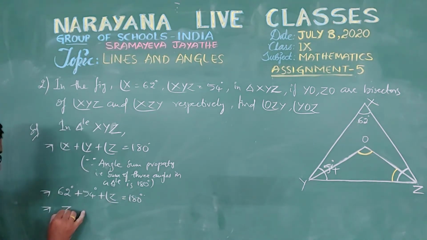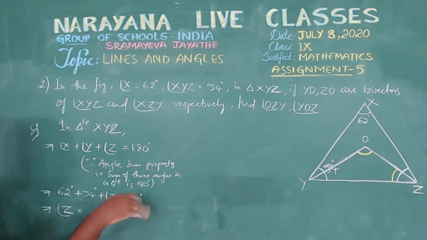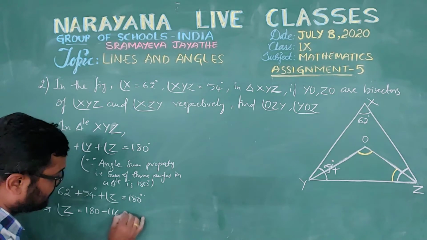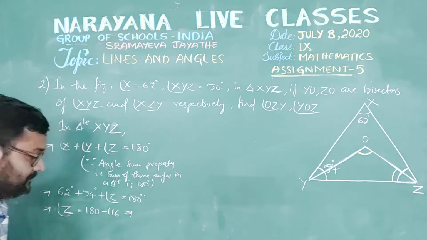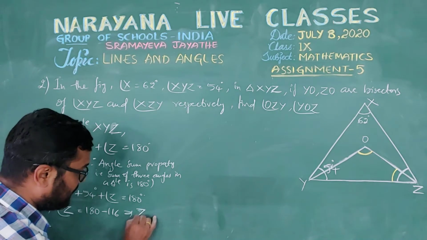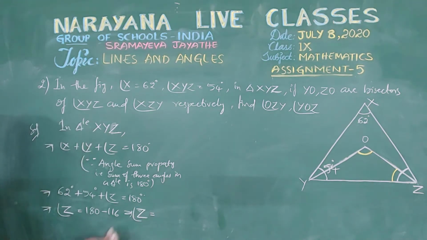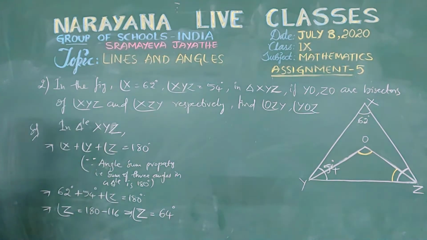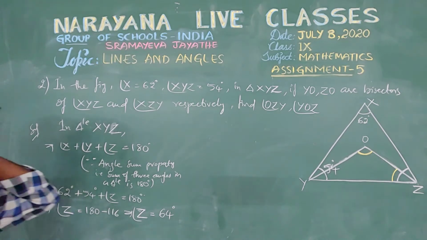Now keeping angle Z on the same side and transposing the sum of these two angles to the other side, 62 plus 54 is 116, isn't it? Angle Z is equal to 180 minus 116, which is nothing but 64 degrees. So like this we can find angle Z.